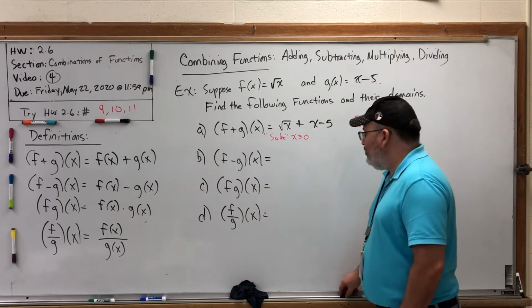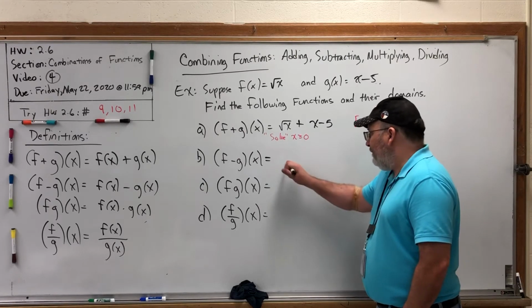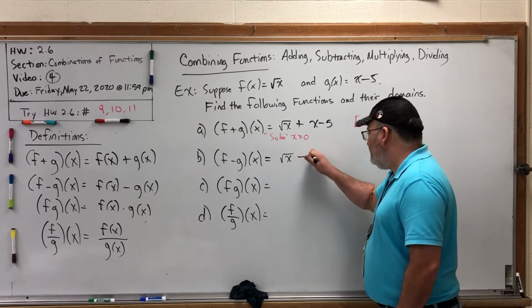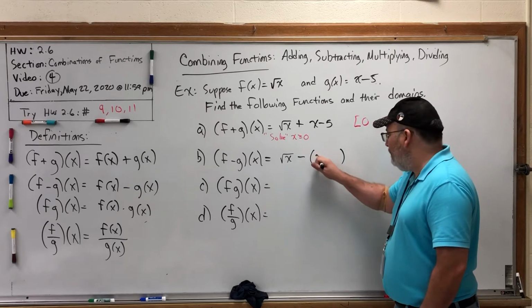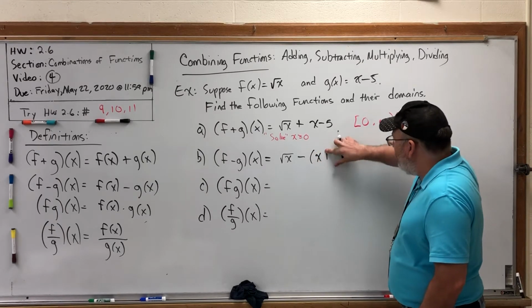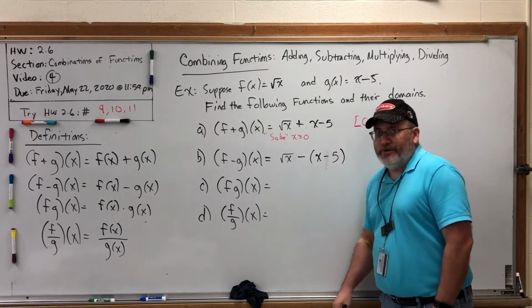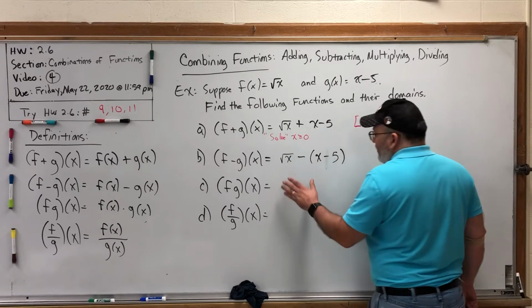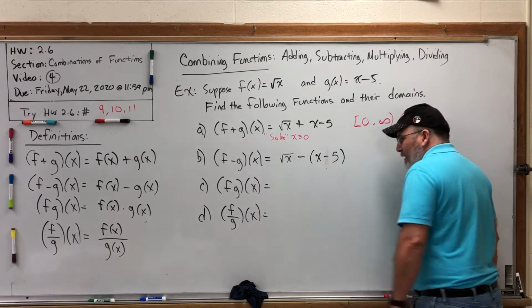What about subtraction? To find f minus g of x, write the first function, so the square root of x, minus the second function, which needs to go in parentheses if you're subtracting. In case you were wondering why I didn't put parentheses in the addition problem, it's because it was an addition problem. So now we need to see what we can do with the square root of x minus the quantity x minus 5.